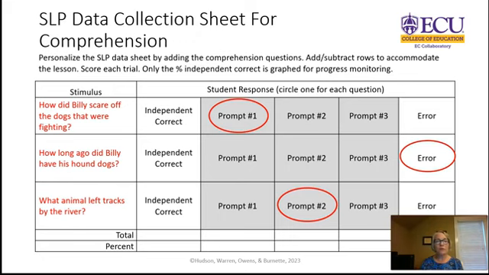And for the third question, what animal left tracks by the river? The student was able to answer after the second prompt, which was rereading the sentence with the correct answer. You can total up the percentages of correct responding at the bottom and graph any independent correct responses.